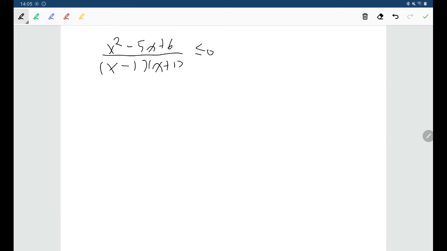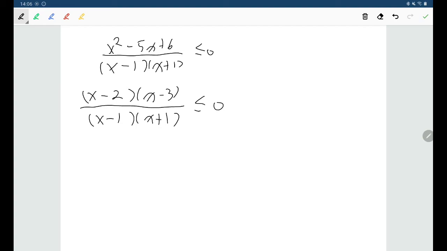And we want that to be less than or equal to 0. And so that's where x minus 2 times x minus 3 in the numerator over x minus 1, x plus 1 is less than or equal to 0.